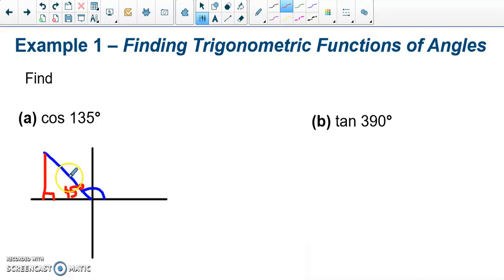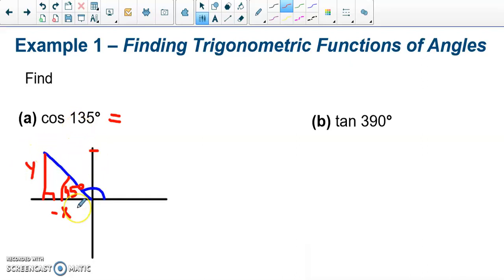Now this is our theta. We can imagine it's just the cosine of 45 degrees. This length, if you recall, is just x, but since it's on the negative side, it is negative. And then this is the y side, and it's positive because it's positive y.